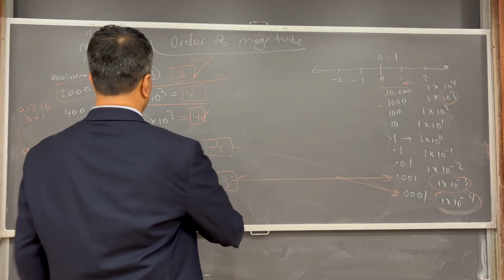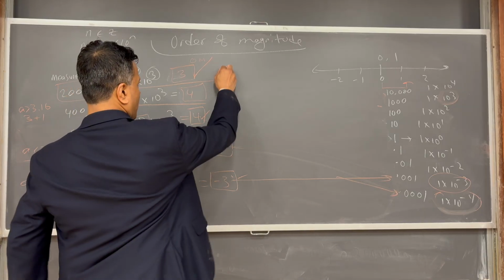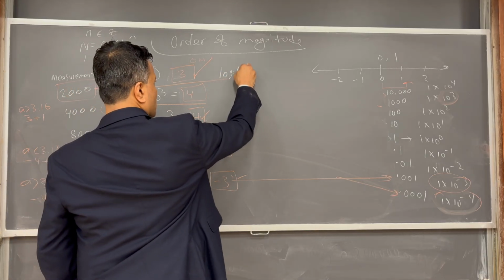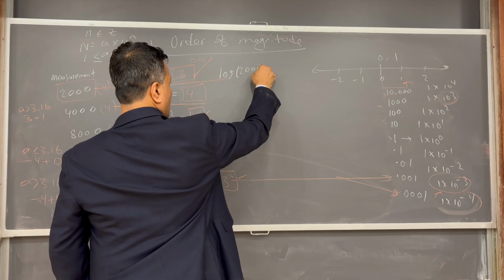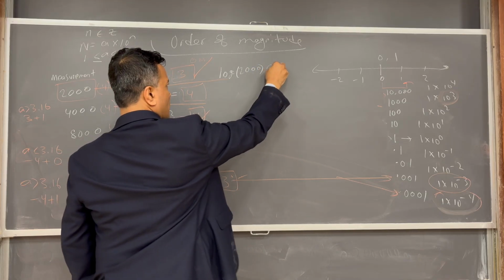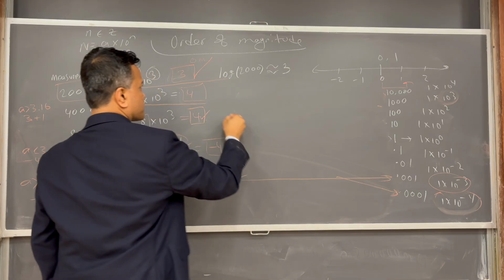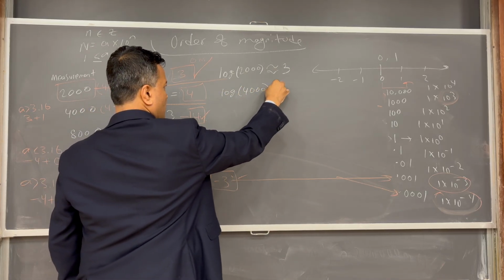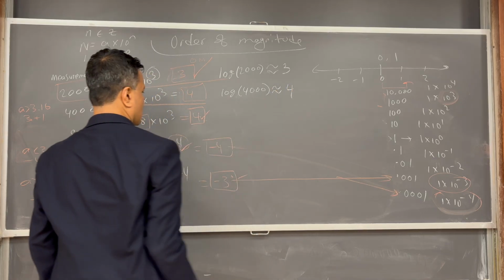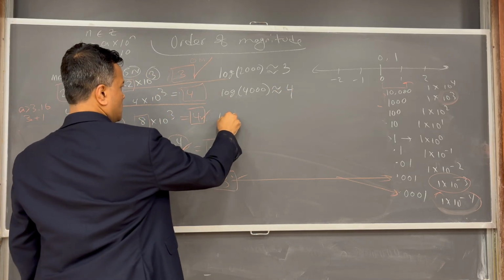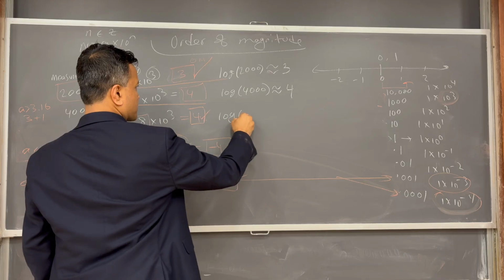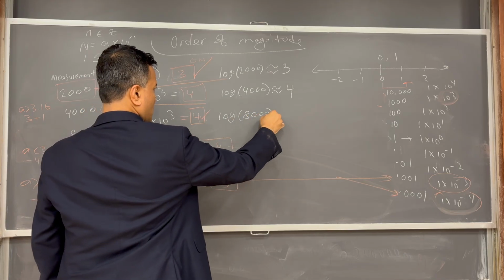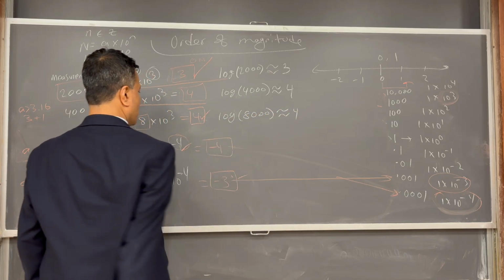However, you can verify all of those by using log. As Shubhanda explained, log 2000, you're going to round it to a whole number, which is 3. Log 4,000, round it to a whole number, which is 4. Log 8,000, round it to a whole number, which is 4.